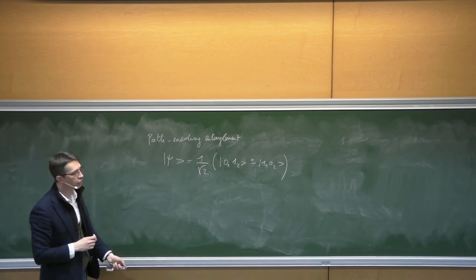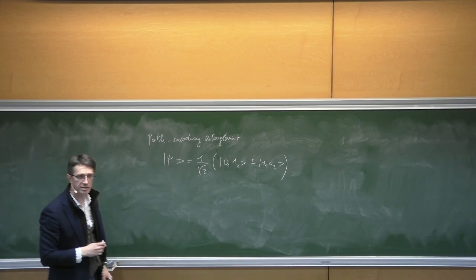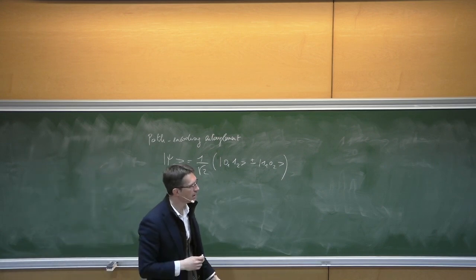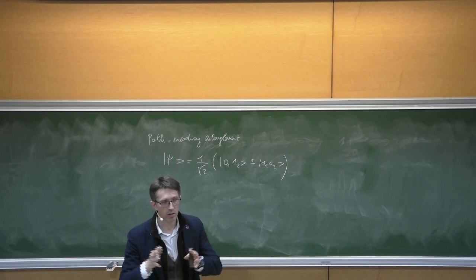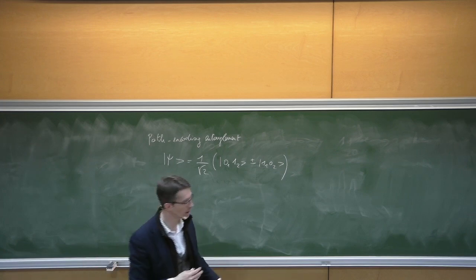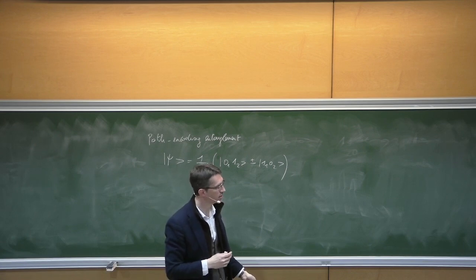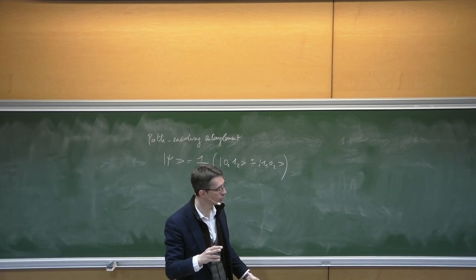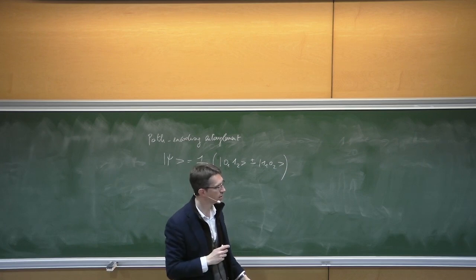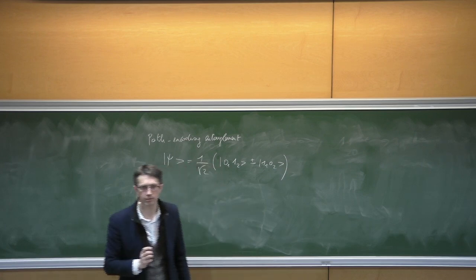I can do that for 3 slits, so I can have three slits. Then, if a single photon is going through the 3 slits, what I would have is, in a way, a 3-qubit state, because either the photon has gone through slit 1 and not the other 2, or it's gone through slit 2 and not the other 2, or it's gone through slit 3 and not the other 2.